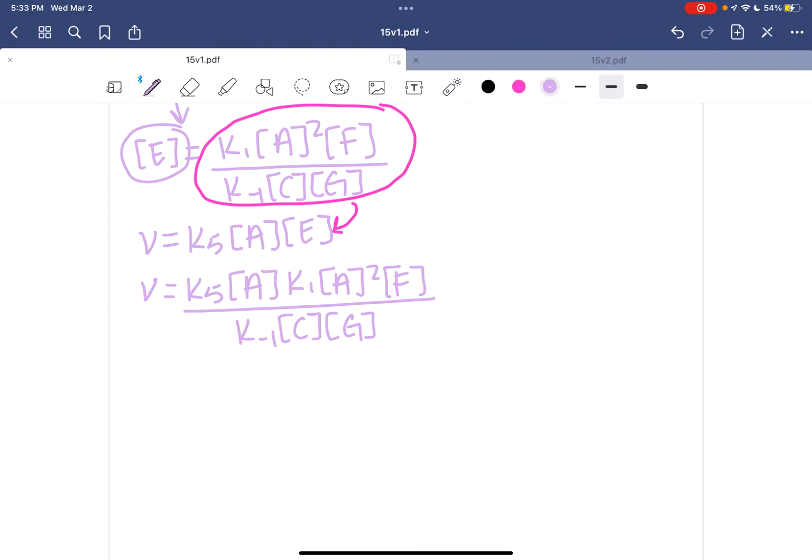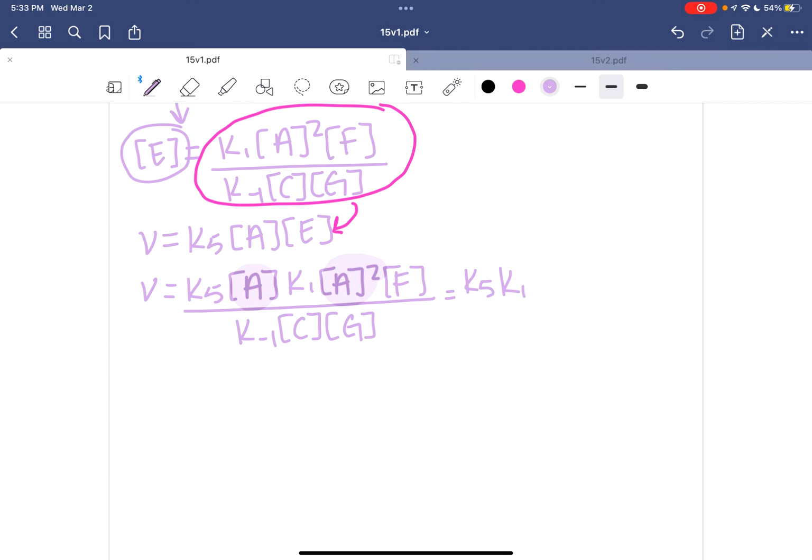And now we can simplify this a little bit because we have an A here and an A squared here. So we're just going to combine those. So we have K5, and then I'm going to bring the K1 just over a little bit.